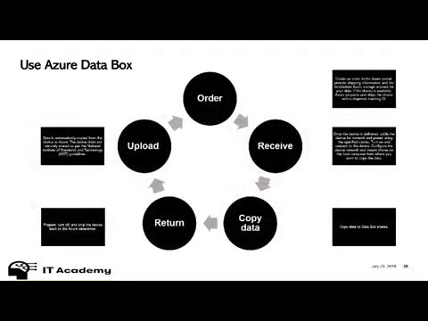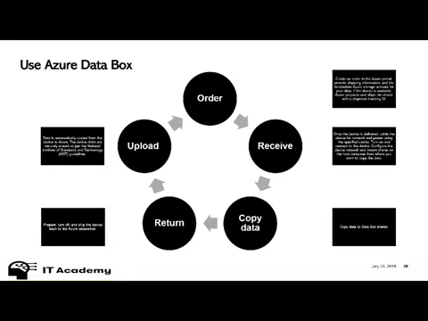Just as Azure import and export services have phases that we can use to track the process of the order moving data into or out of Azure for us, the Azure Data Box service also has phases. That starts off with the order phase, where we as an administrator go into the Azure portal and create the request for an Azure Data Box to be sent to us with data on, or for us to put data back.